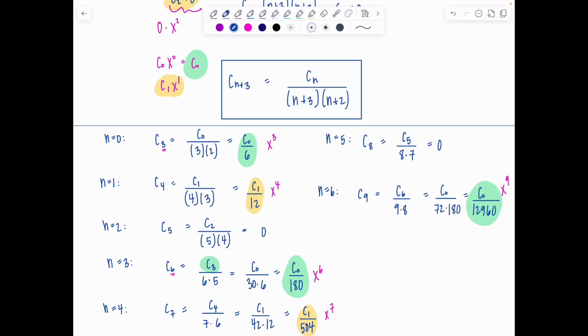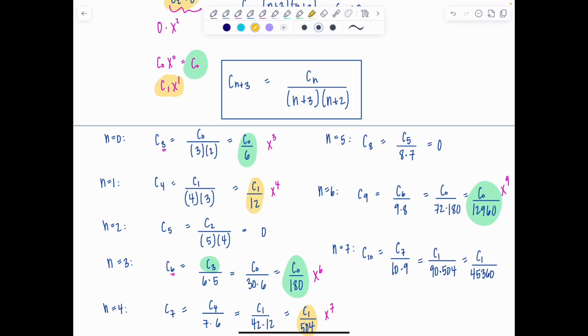Okay, n equals 7. So C sub 10 is C7 over 10 times 9. Do I have C7 somewhere? Yeah, it's C1 over 504. So C1 over 90 times 504. This is C1 over 45360.